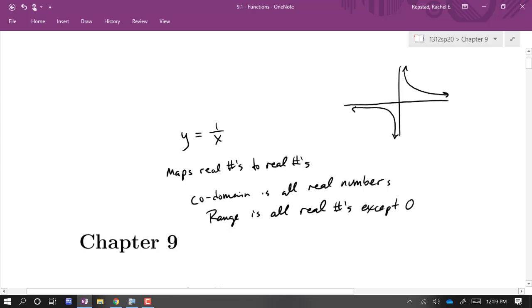The domain, in this case, are all the x values. So if I think about following this curve, what are all the possible x coordinates? If we think about the domain of this function, the possible x coordinates, we get every real number except 0. And the range, again, we get every real number except 0. It never actually crosses that x-axis.